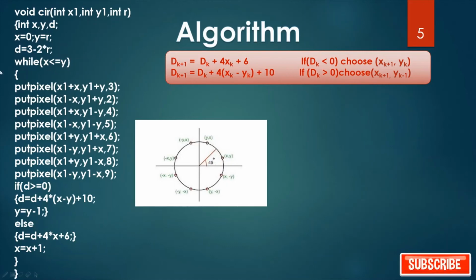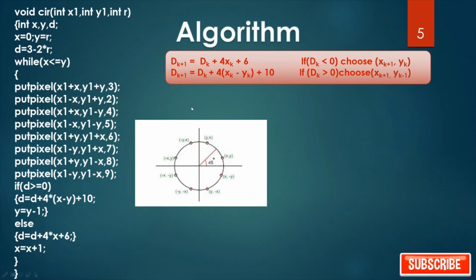So I start one while loop, while x less than or equal to y, meaning from this point 0, r to when the value of x equals y. Each time you have to increase x by 1 till x equals y. So here see, x equals x plus 1.